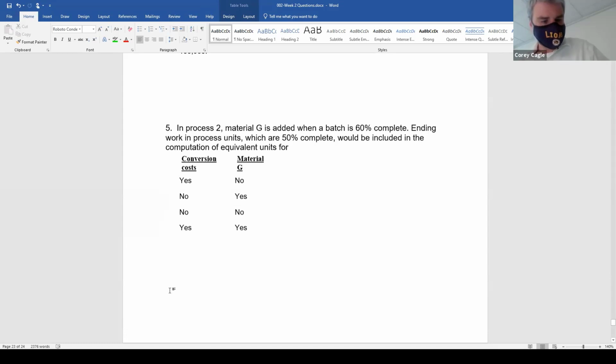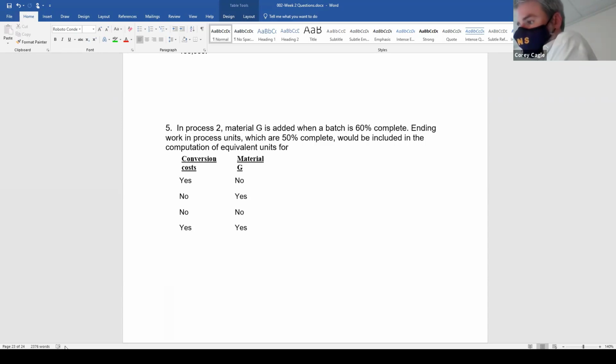Number 5. Remember what 5 is. In process 2, in some way along the way on a process, material G is added when a batch is 60% complete. All right, they're just putting a little complex scenario on us here. This doesn't really require any background knowledge. It's just logic. So we have a process, and a certain material is added when a batch reaches the 60% completion level as far as being converted. Any work in process units are 50% complete. So we're thinking, okay, material G is not added to that one yet, right?